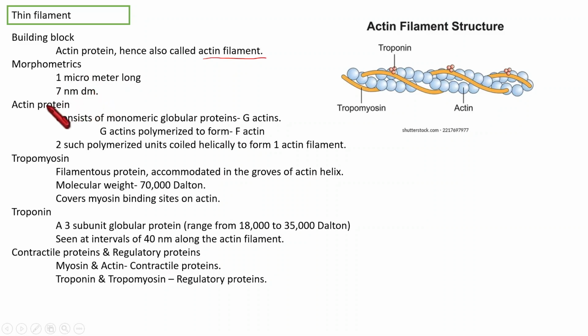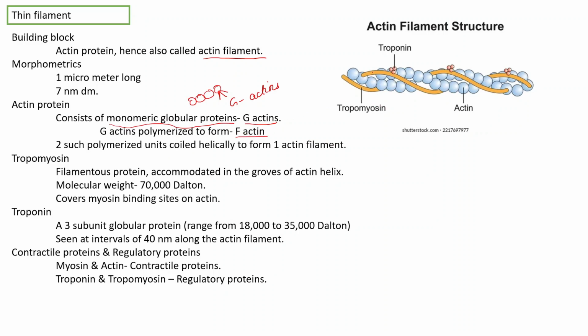Then we need to have a close look into the actin protein that forms that actin filament. That actin filament itself consists of so many monomeric globular proteins. They are called G-actins. We can see those globular proteins here. These G-actins polymerize to form one F-actin.